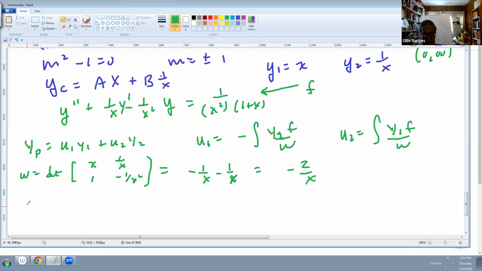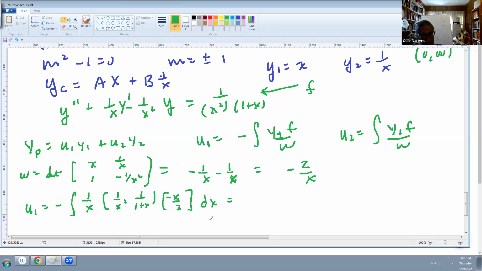So u1 is minus the integral, where y2 is 1 over x. Remember now, our f is 1 over x squared, 1 over 1 plus x. And our Wronskian in the denominator is going to give a positive x over 2, since the negative times the negative will be positive.